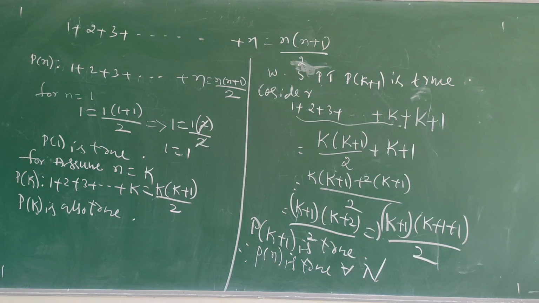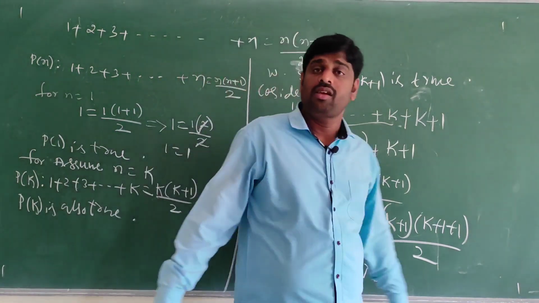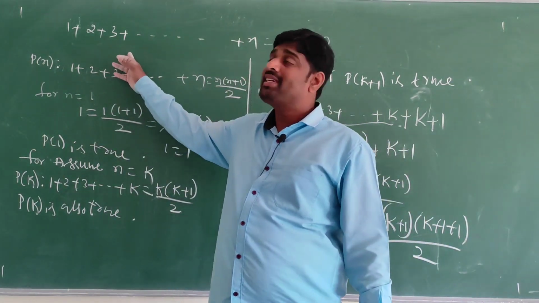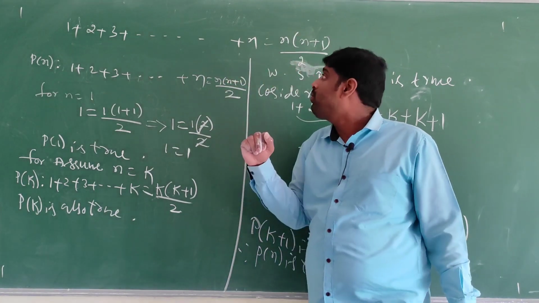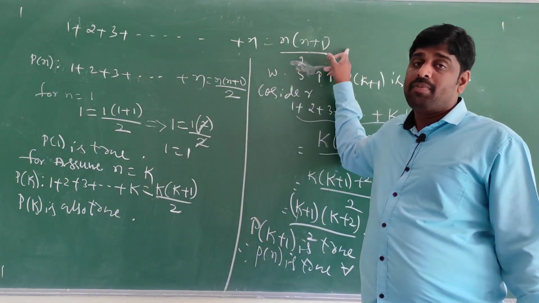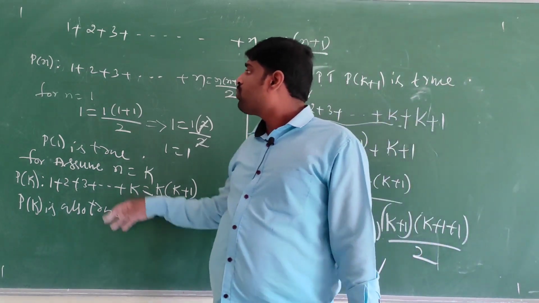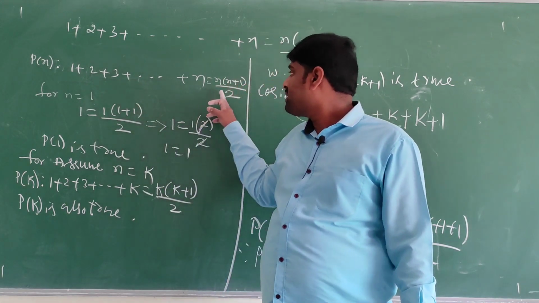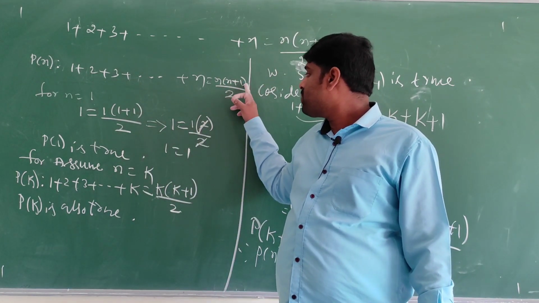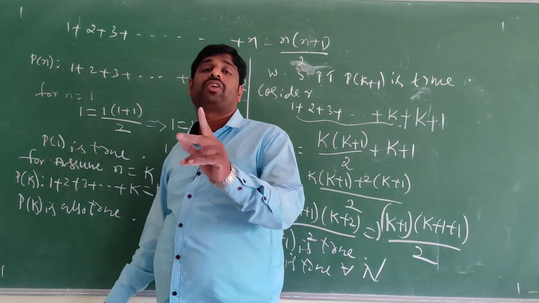See children, once again observe, this is a very definite gunshot question. 1 plus 2 plus 3 plus so on plus n equals n into n plus 1 divided by 2. This one can be represented as P of n.